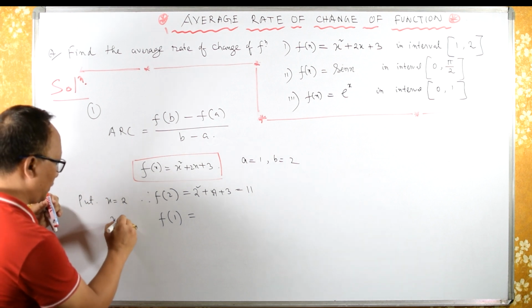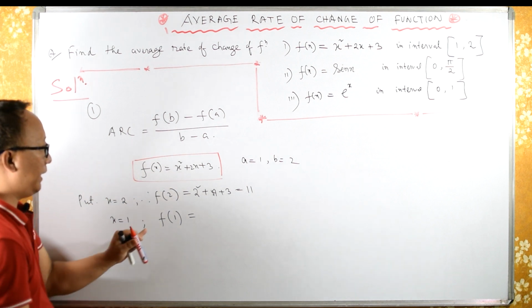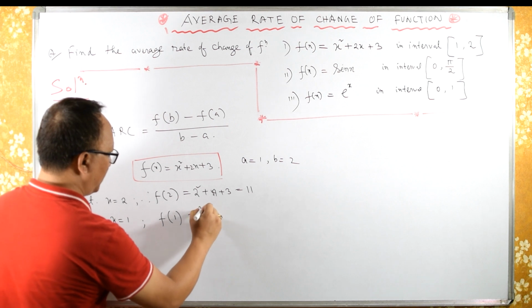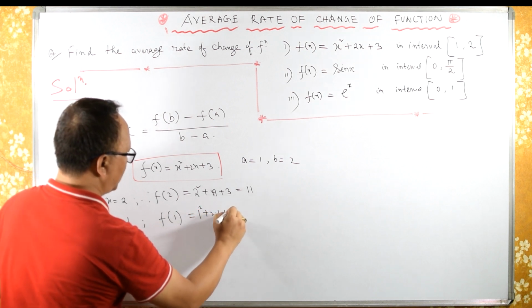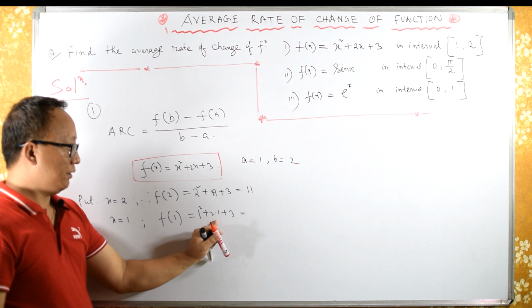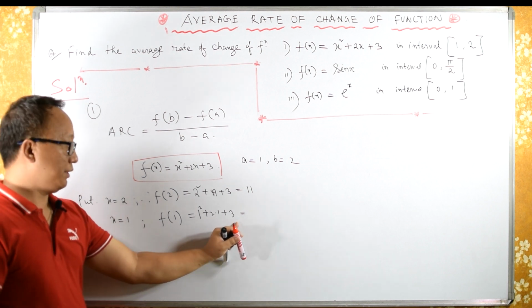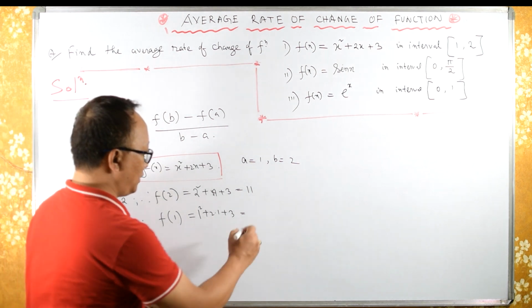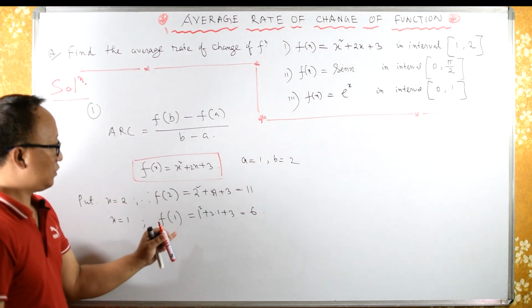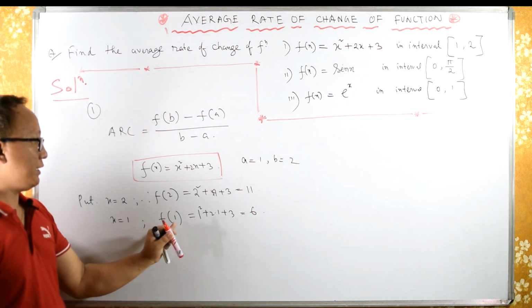Again, here x equals 1. Then f of 1 equals 1 square plus 2 into 1 plus 3, that is 1 plus 2 is 3, 3 plus 3 is 6. So we have f of 2 as well as f of 1.